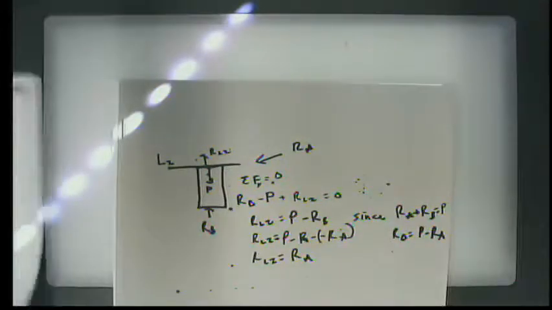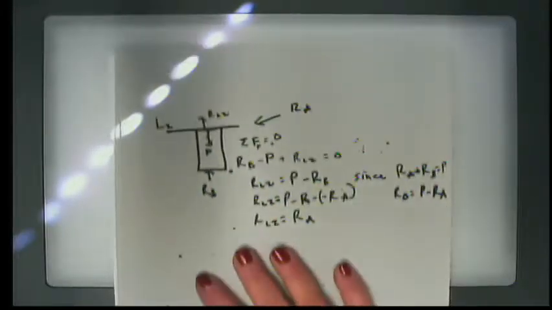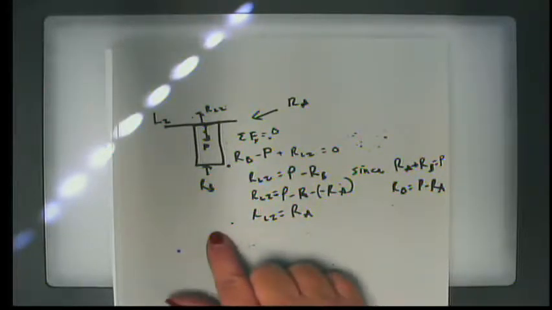So let me think about how I want to approach this. See, this is where I have to decide whether I want to really just keep those in A's and B's.